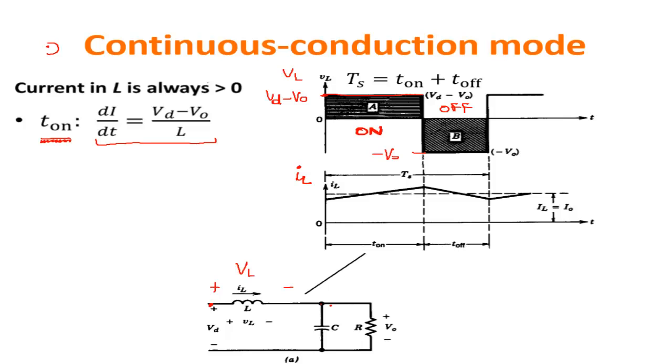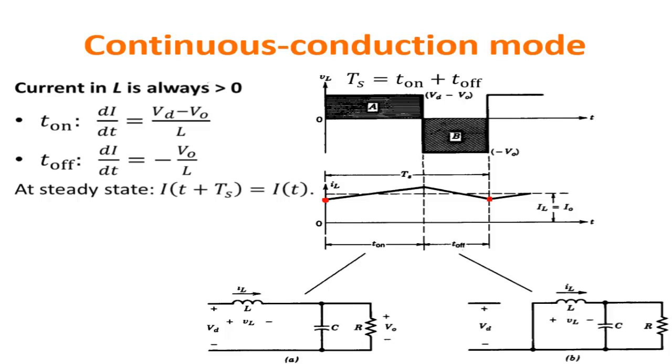Then during the next part of the time period, of course the switch is off. Let's look at this other situation. The switch is off, so you have 0 here, because basically we are approximating the voltage on the diode, when the diode is conducting, with 0. You have a 0 here, and here you have V0.